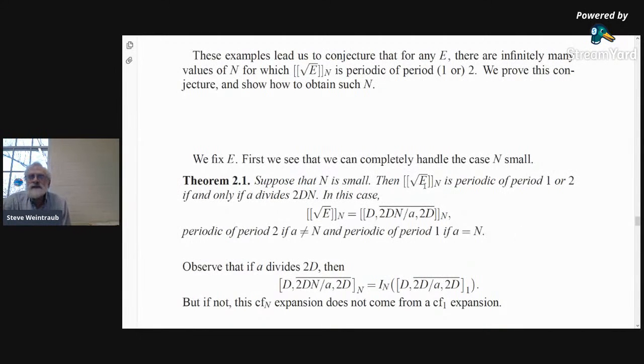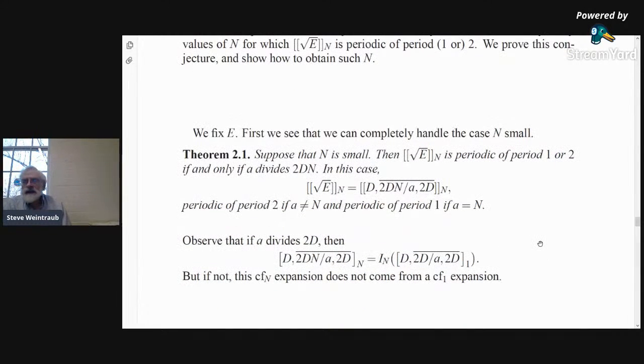If we ask when is the square root of E sub n periodic with period 1 or 2, the answer is that's true if and only if, when n is small, A divides 2dn. And in that case, the expansion looks like this: d, 2dn over A, right, that's an integer, and 2d. And that's going to be periodic with period 2 if A is not equal to n. In that case, this will be different from that, but it's periodic with period 1 if A is equal to n, right? Okay.